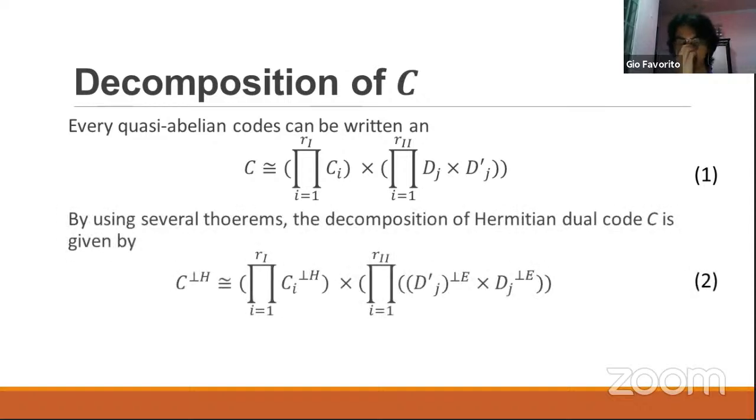So, by using several theorems, the decomposition of the Hermitian dual code C is given by ito. So, binago lang natin yung each element.